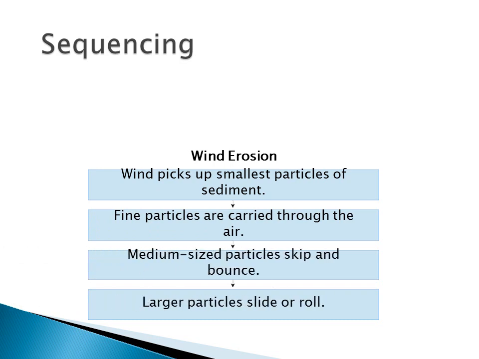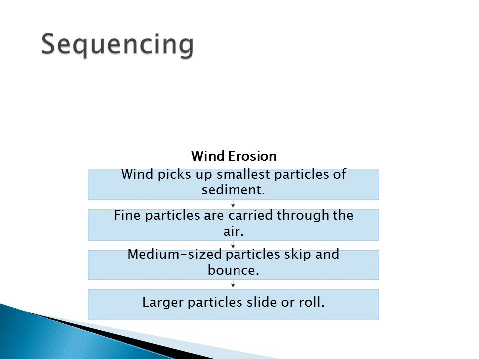Okay students, now let's see what wind erosion is once again. Wind picks up the smallest particles of sediment. Fine particles are carried through the air. Medium-sized particles skip and bounce. Larger particles slide or roll.